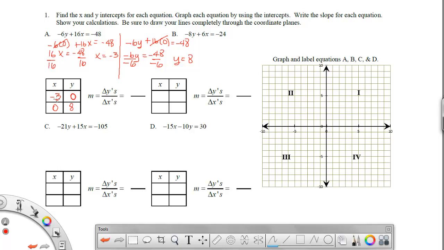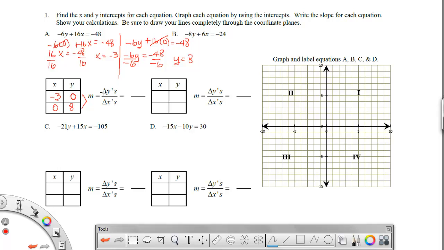So those are my ordered pairs. For the x-intercept, I have a negative 3 and 0. For the y-intercept, I have 0 and 8. So this is where this crosses the x-axis, this is where it crosses the y-axis, and then I'll have some type of a slope for a line. Now one thing that we learned in the last section is the slope is the same as the change in the y's over the change in the x's.